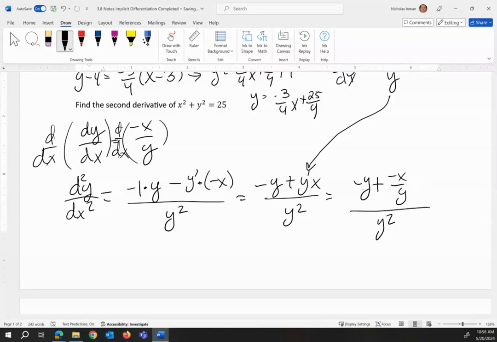Now if we really want to, we can make this look a little bit better. This x would become an x squared. I want to get these two things to have the same denominator, so I can put that over y, make that y squared. And then we can combine those numerators, negative y squared minus x squared over y times, keep that top the same, change this divide to a times, and flip this fraction.